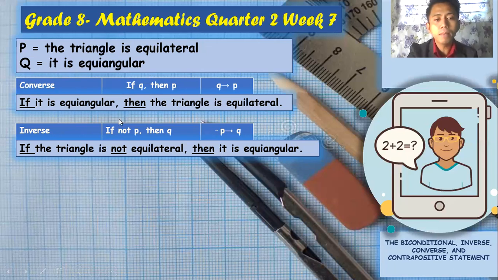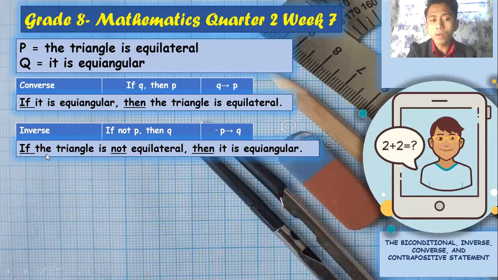So by following the pattern, if not P, then Q. Write the word if first. So if, followed by not P. Not P means the opposite statement of our P. The triangle is not equilateral, because we are pertaining to the opposite part.